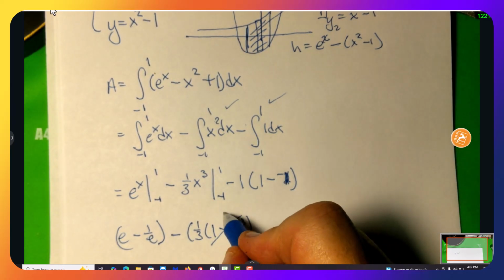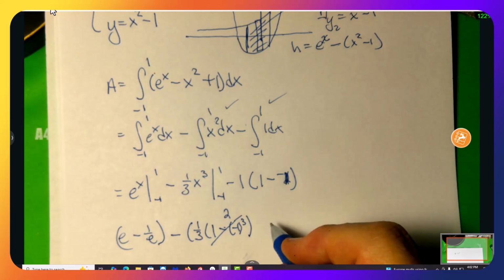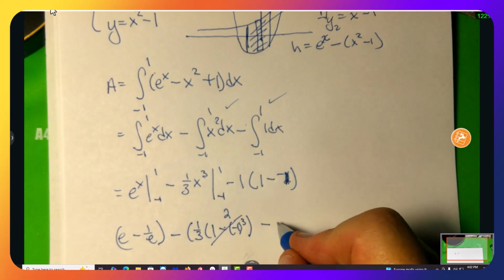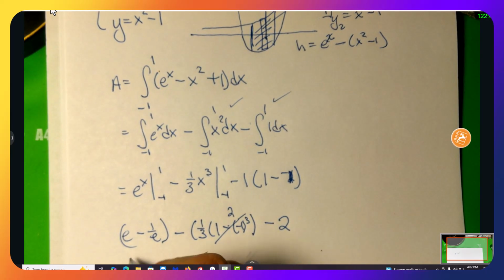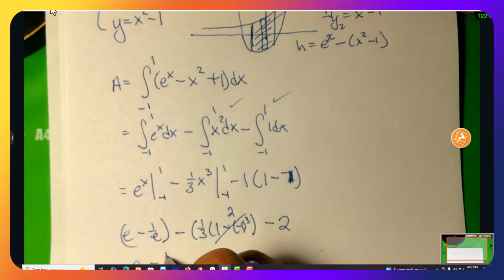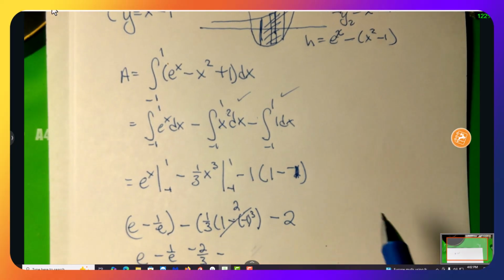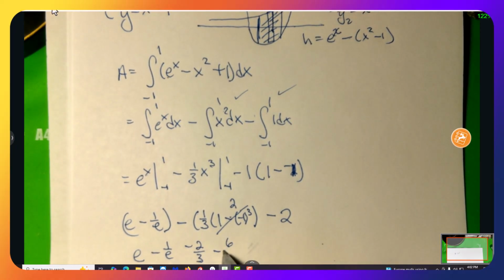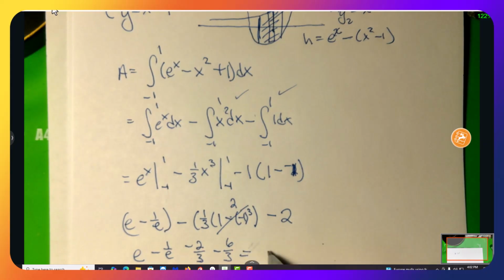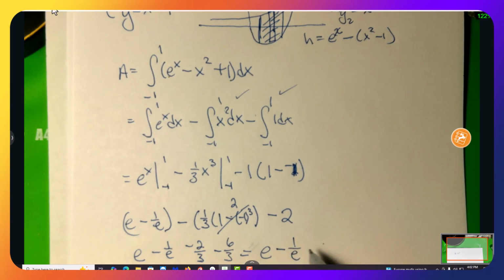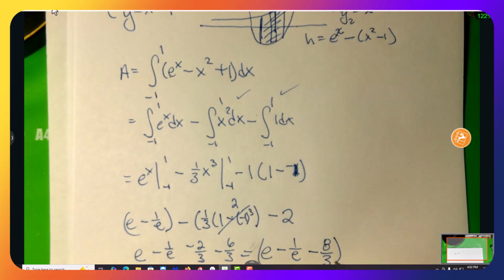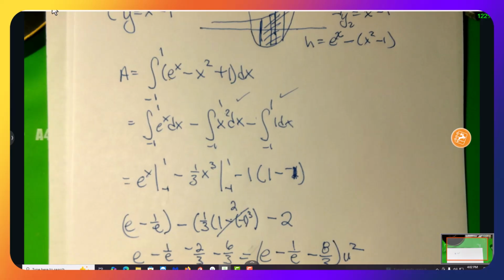And 1 minus a -1 becomes 1 plus 1, or 2. Minus, and 1 plus 2, that's just going to be 2. So e minus 1 over e minus 2/3 minus 2. So 2 is 6/3. Someone needs to check my arithmetic. So this is e minus 1 over e, minus, and I believe I added that correctly, and that would be square units.